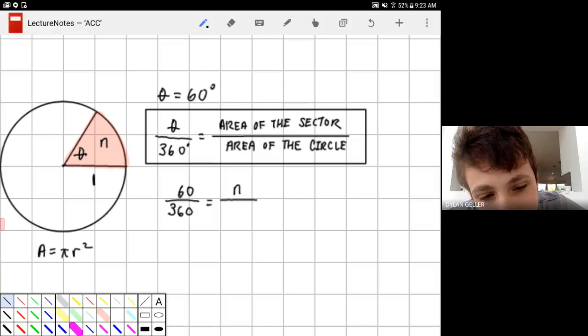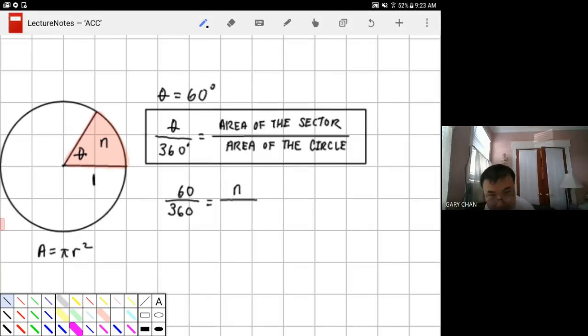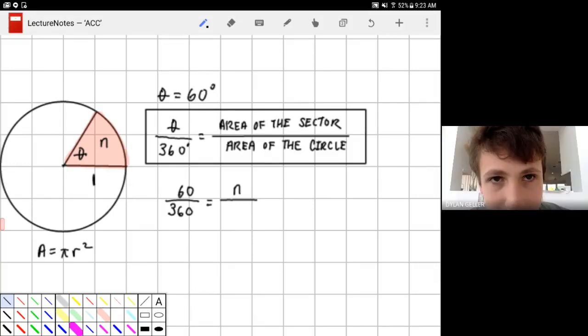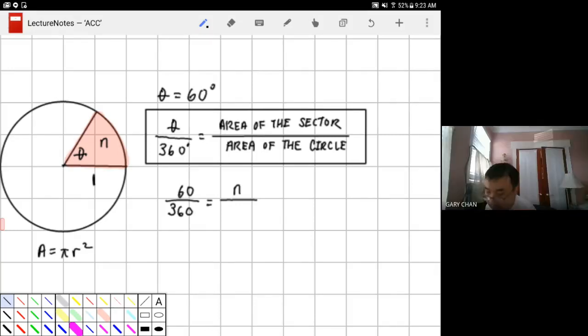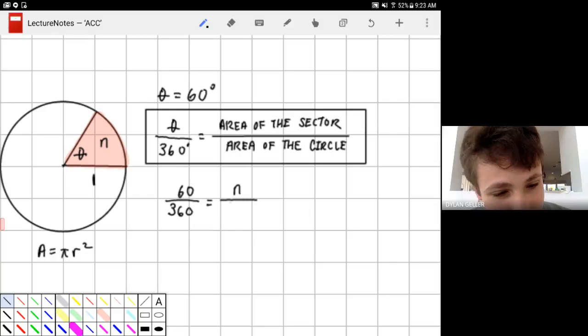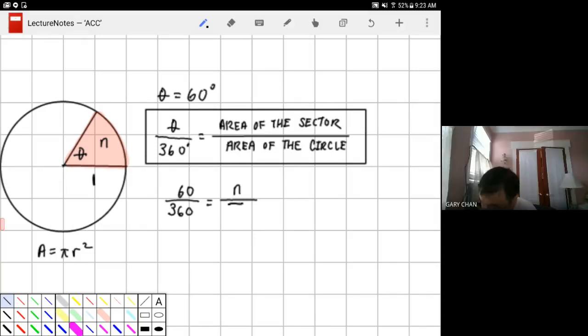What's the radius of the circle, Dylan? Of this circle, 1. Yeah, it's 1. So what's 1 squared? 1. And then pi times 1 is simply pi. So the area of the circle is just pi.